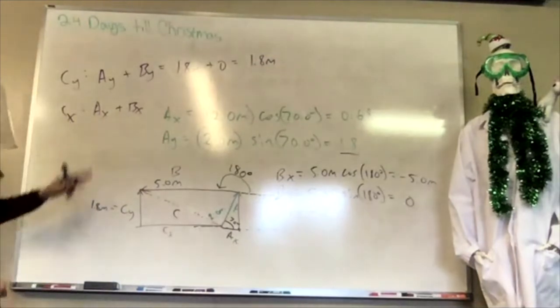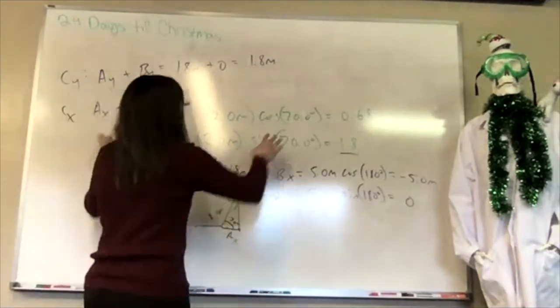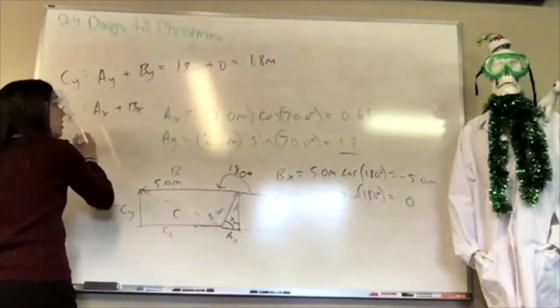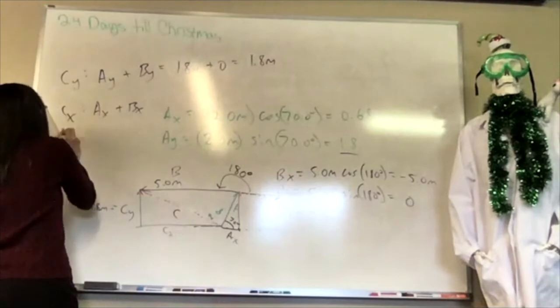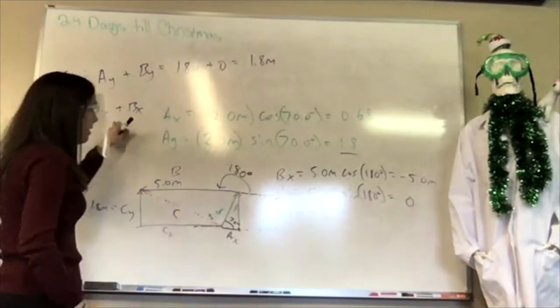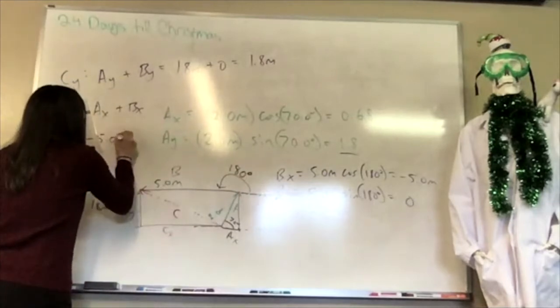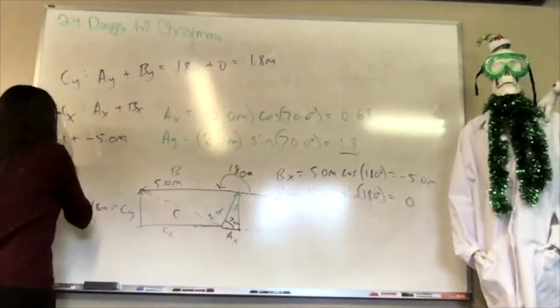What about C of X? Well, you just do A of X plus B of X. A of X was 0.68, B of X is -5. Add those together.